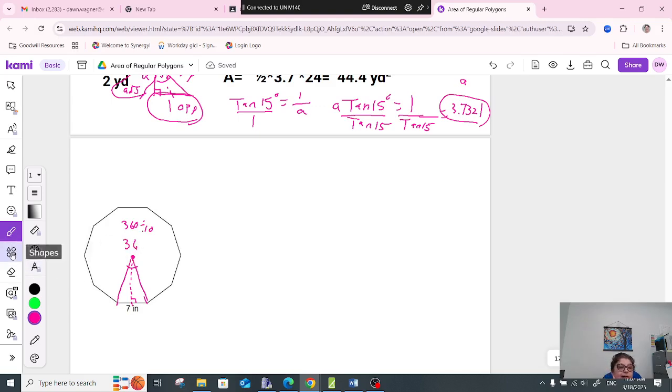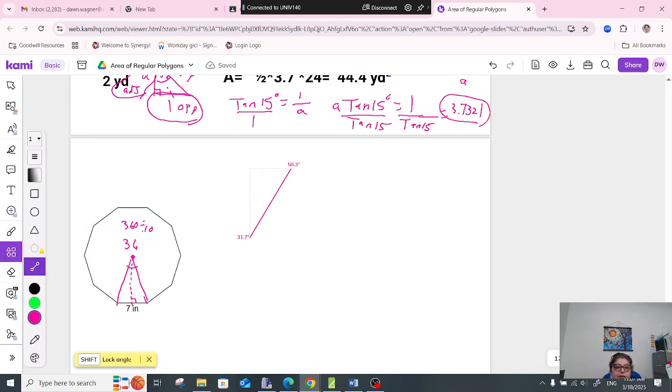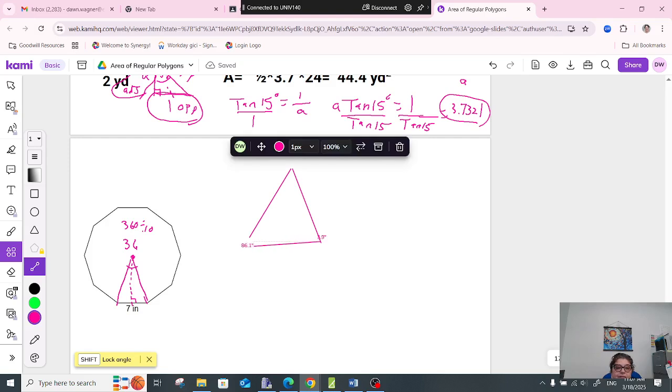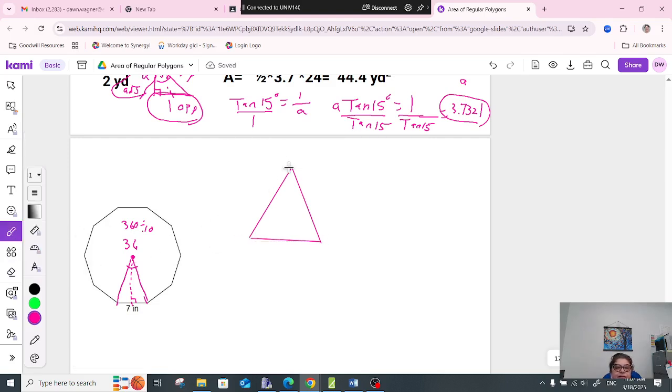So now off to the side here, just so I have enough room, I'm going to draw another isosceles triangle with my height drawn in there. And what do I call this height? That's the apothem. But I have to cut everything in half. If this was 36 degrees here, what's this angle on the inside? What's 36 divided by 2?